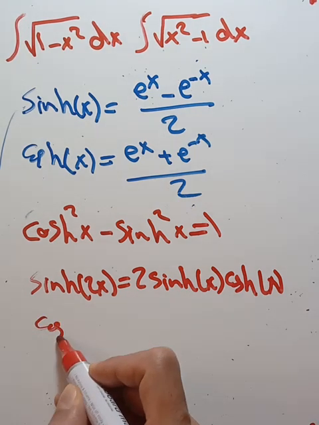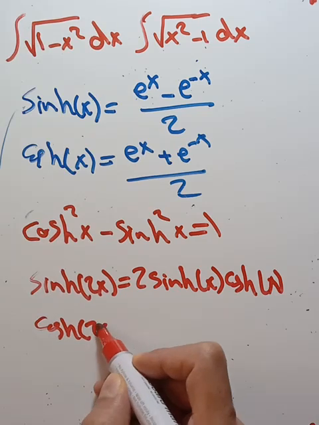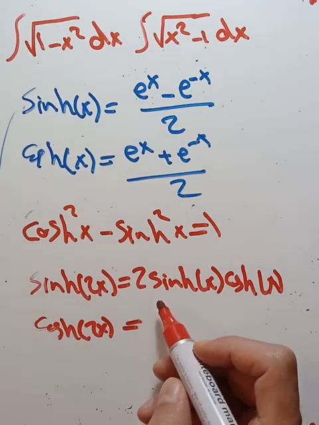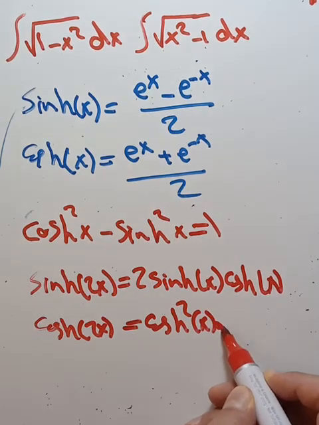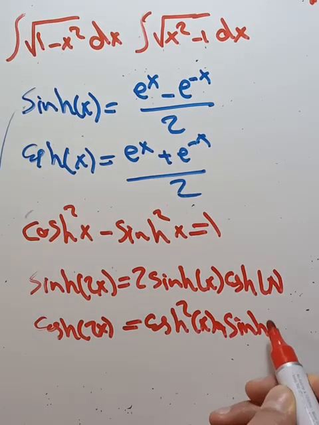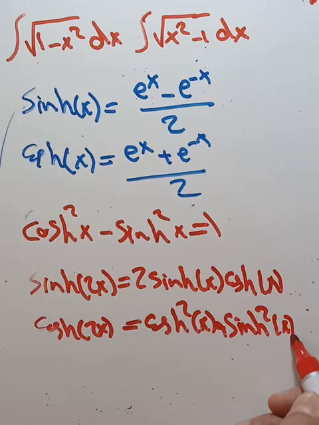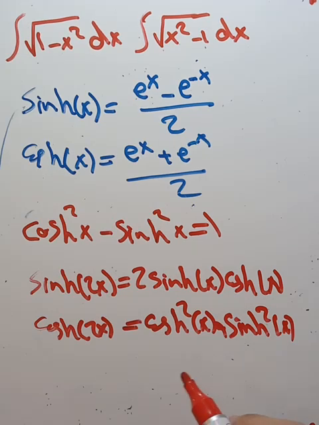Or cosine hyperbolic of 2x is cosine hyperbolic squared plus sine hyperbolic squared of x. But in the original sine and cosines, it was cosine squared minus sine squared.